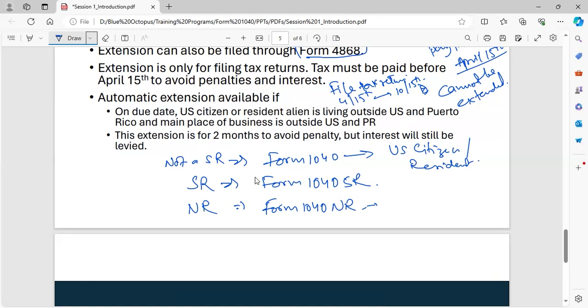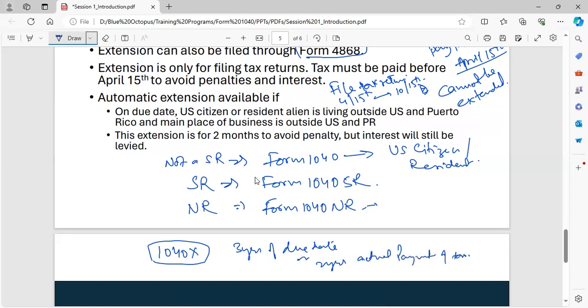Okay. Apart from this, if you made certain mistakes and you want to amend the tax return, then you may file Form 1040X for that. Under this, you can file within 3 years of due date or 2 years from actual payment of taxes, whichever is later.